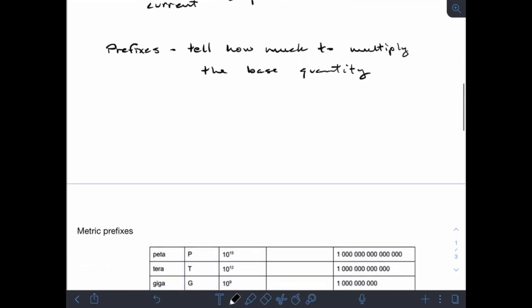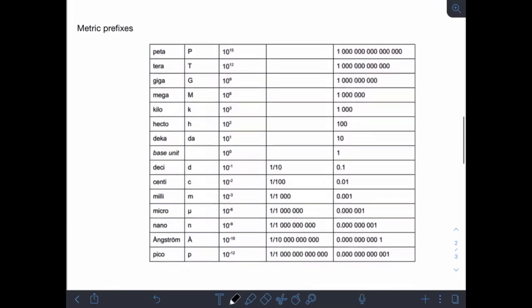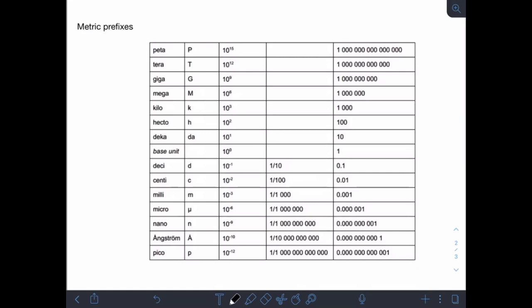I've got a lovely table here for you. If we were in class together in person, you would have to memorize most of this table. I recommend memorizing it anyway, because you're not going to be in virtual learning forever. Eventually, you're going to find yourself in a science class where you're expected to know this stuff.